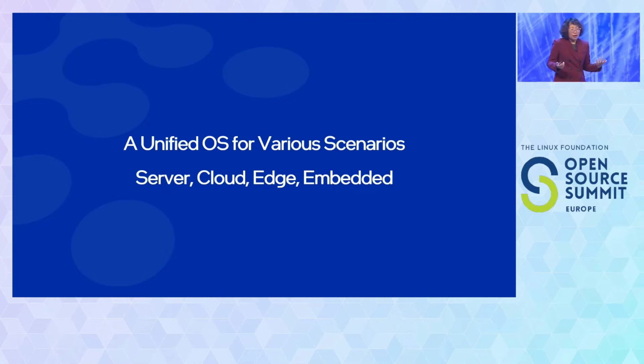To realize an ideal scenario OS, OpenEuler has initiated a lot of work. The first thing is one unified repo that can support developers to collaborate on deployment. The second thing is that we defined Euler Maker.